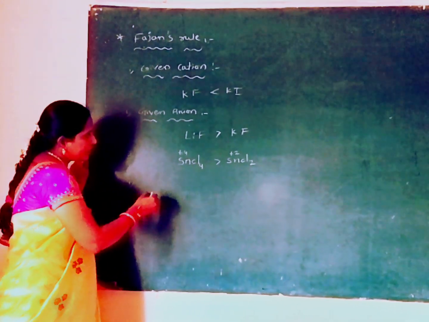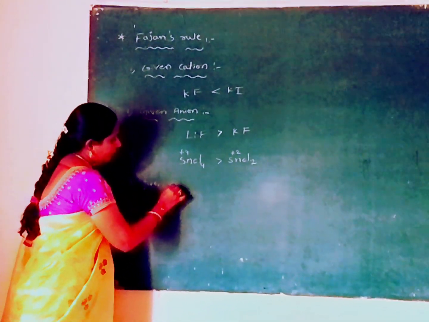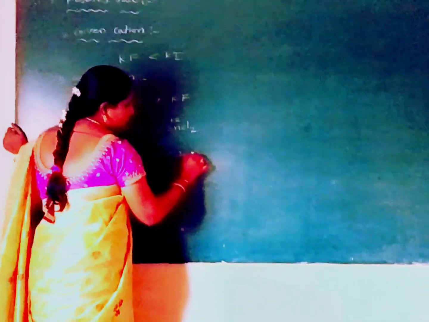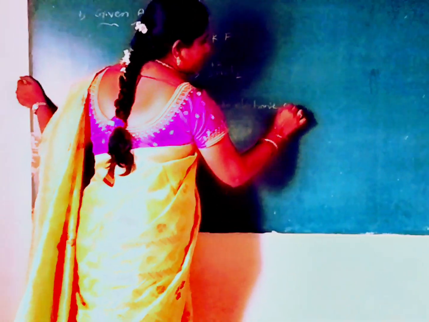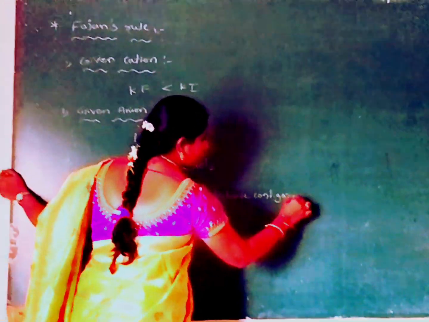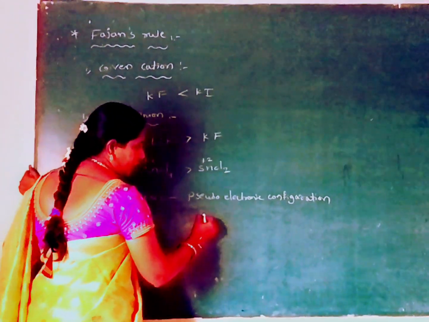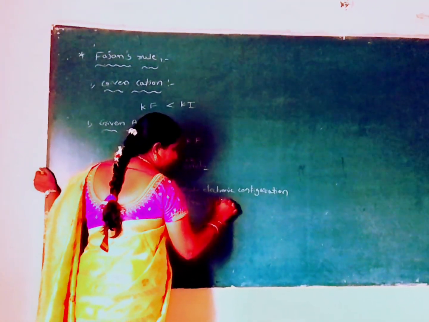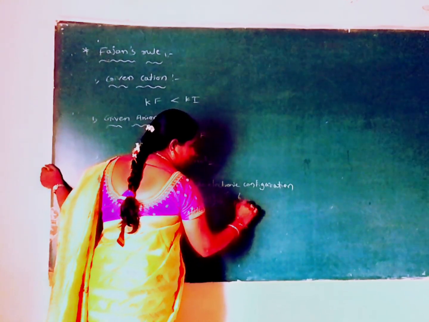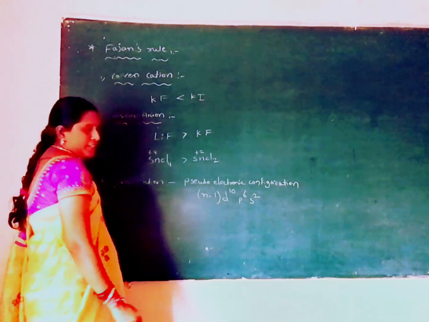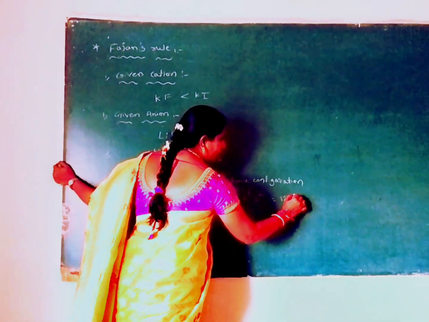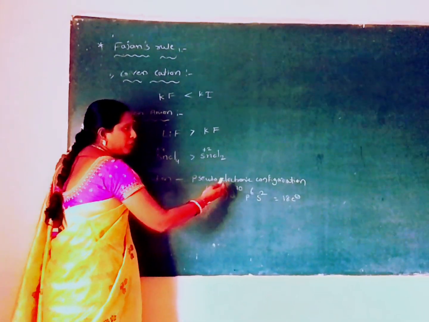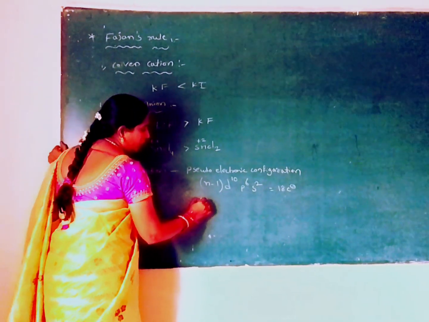Next, the fourth one. For a given cation, the cation having a pseudo noble gas electron configuration, that is, the outermost shell has (n-1)d10 and ns2 np6 configuration, so 18 electrons present in the valence shell, will have more covalent character.